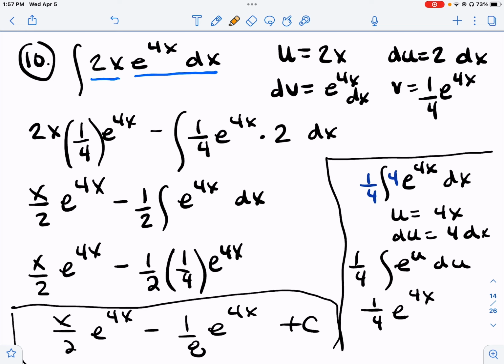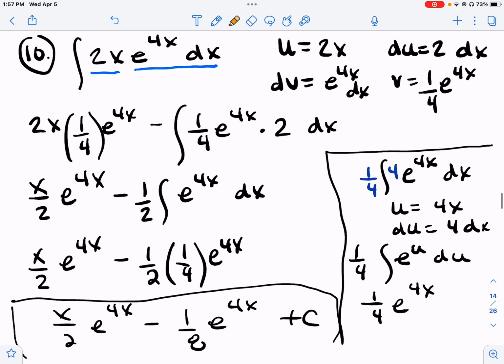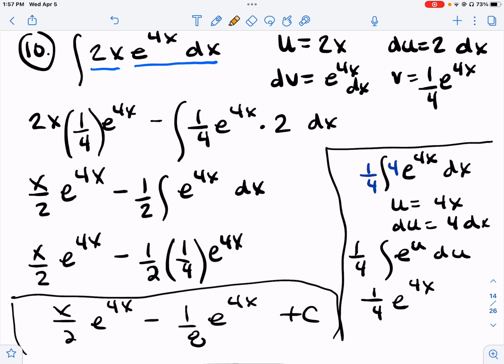Inside that integral, I have 1/4 times 2 is 1/2. So I put that on the outside. Now, the integral of e to the 4x is 1/4 e to the 4x. We found that earlier. So for that second part, 1/2 times 1/4 is 1/8.